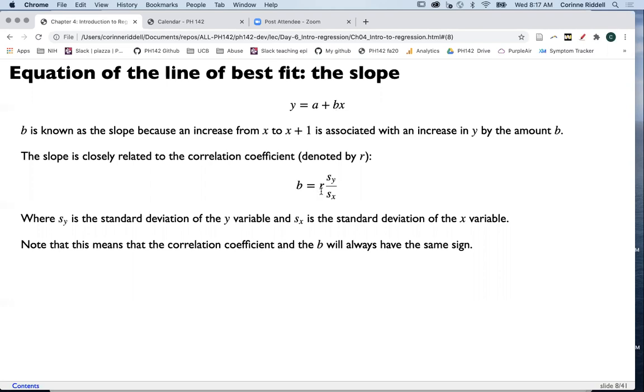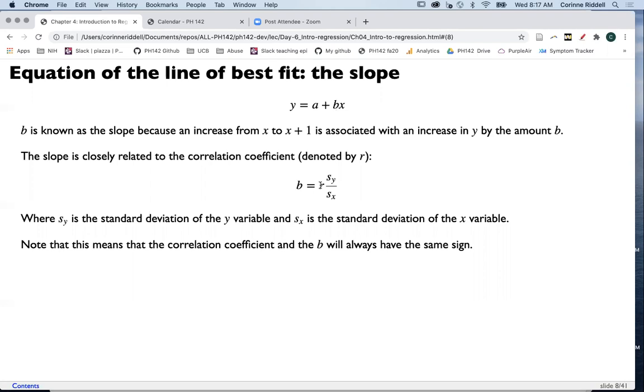So last class, we talked about the correlation coefficient as a way to summarize the strength of the relationship between X and Y. So remember that this correlation coefficient R goes between -1 and 1. If you had a number really close to -1, it's a strong negative relationship.